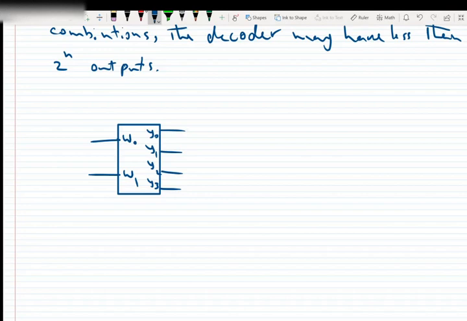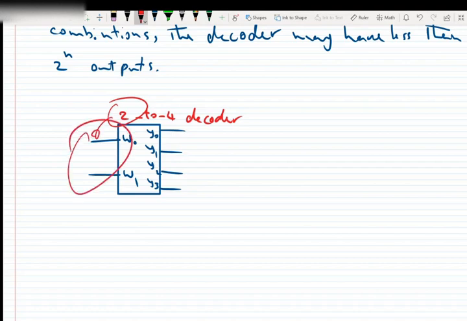There is no control input. So this one is a 2 to 4 decoder. 2 is the number of inputs and 4 is the number of outputs.